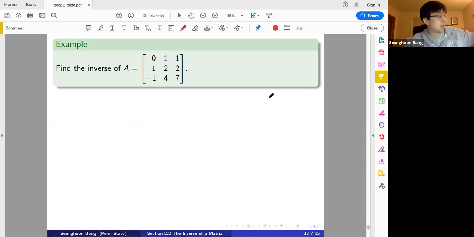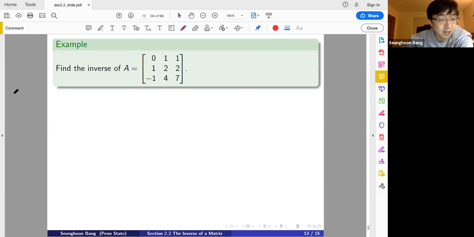Find the inverse of this one. How can you do that? You just write this form. Remember, [A I].